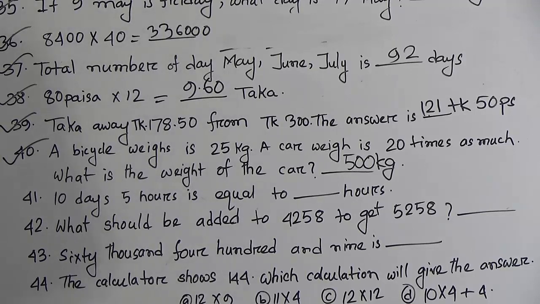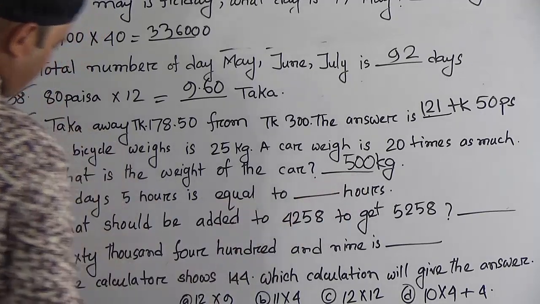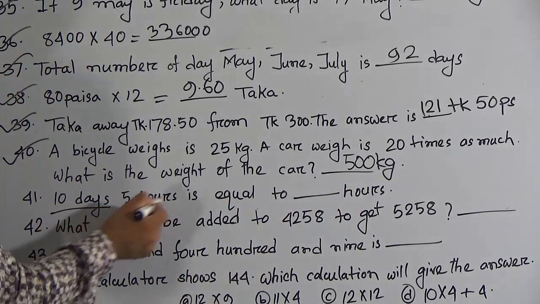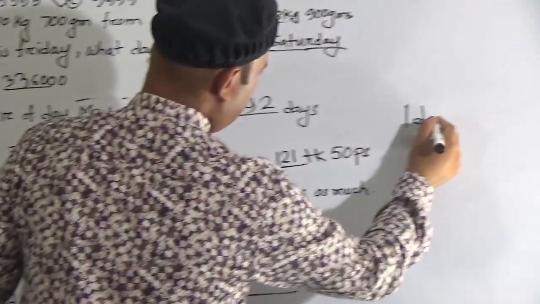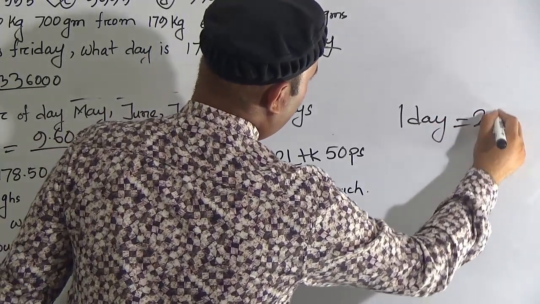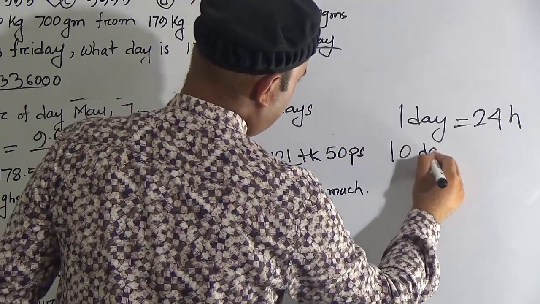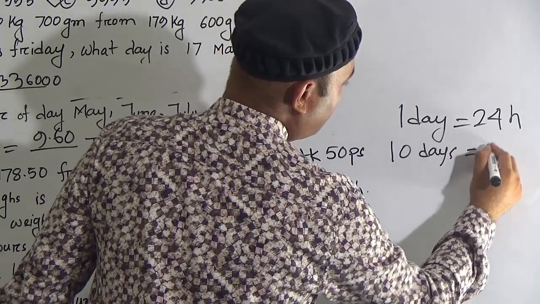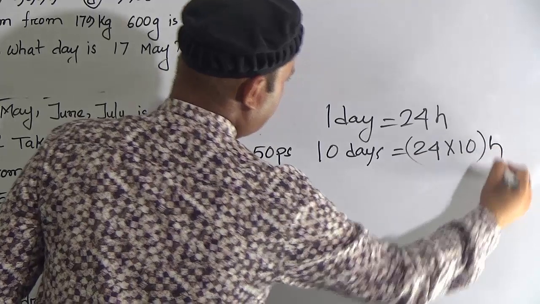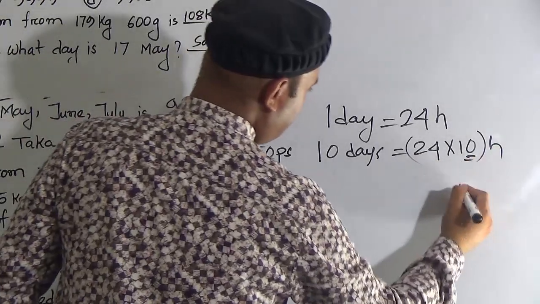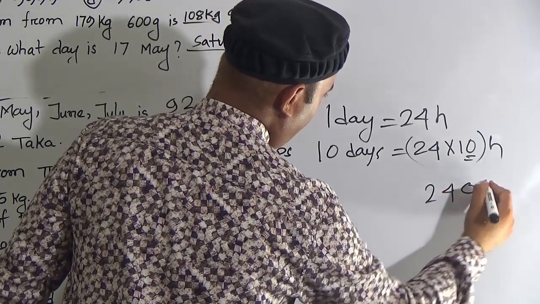Now number 41. 10 days 5 hours is equal to dash hours. 10 days and 5 hours. We know that, my dear students, 1 day equals 24 hours. So 10 days is equal to 24 multiplied by 10 hours. And then what will be here? Put the 0 here, and 24 by 1 it will be 24.